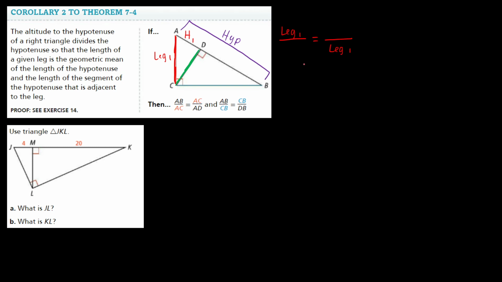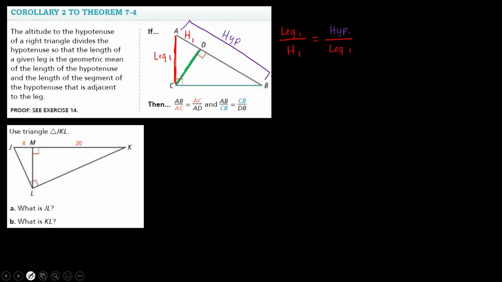It's the geometric mean of the whole hypotenuse and the portion of the hypotenuse, H1, that is closest to that leg.